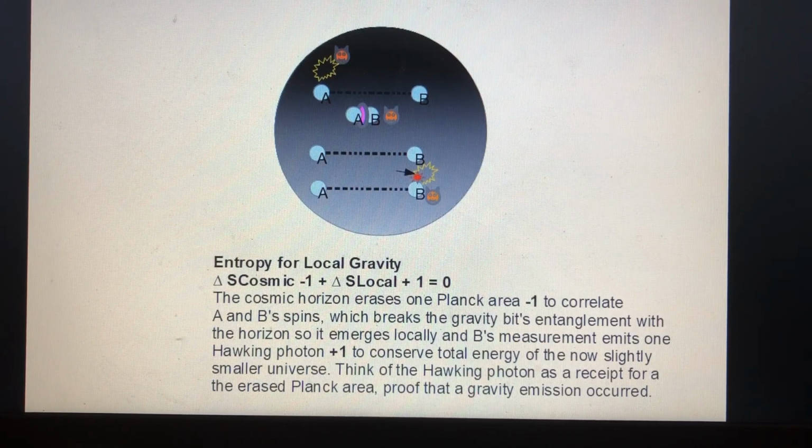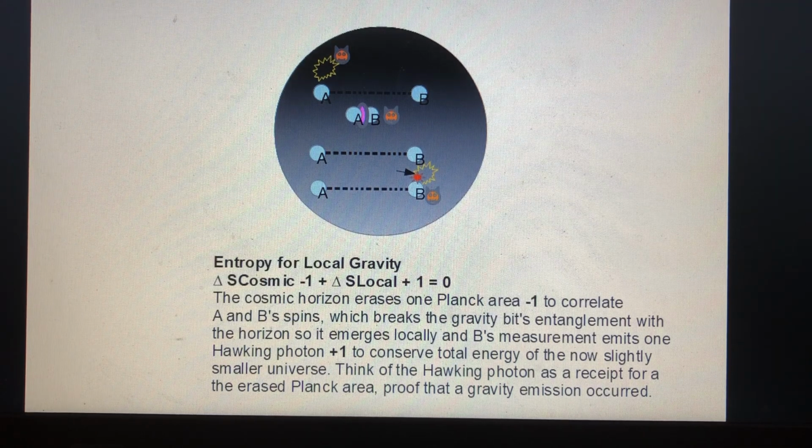And here we have the entropy for local gravity. We have entropy cosmic minus 1 plus a change in local entropy plus 1. The cosmic horizon erases one Planck area, minus 1, to correlate A and B's spin. It expends that gravity bit to make A and B briefly local. And by expending that bit, it breaks entanglement from that bit from the cosmic horizon.